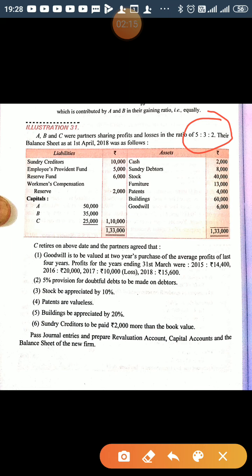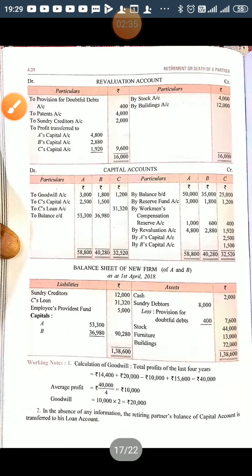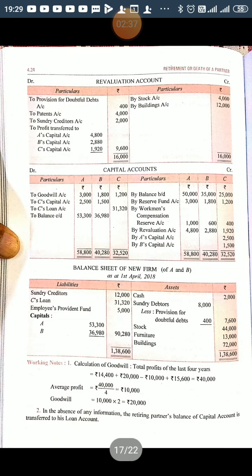In 2017 there was a loss. So goodwill is going to be calculated on the basis of number of years of purchase of average profit. The number of years' purchase given is 2. So first of all we will calculate the average profit, and the average profit calculation is shown here.